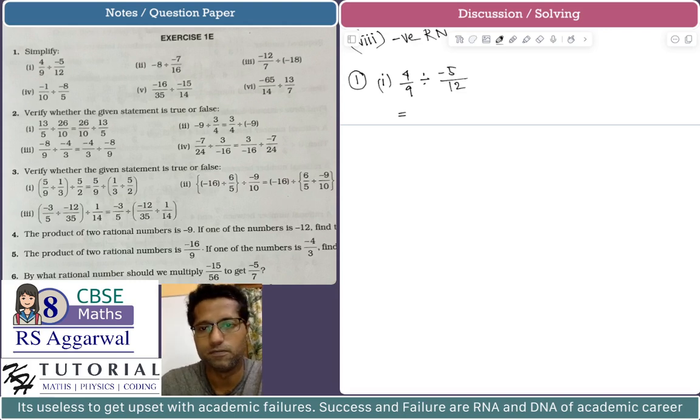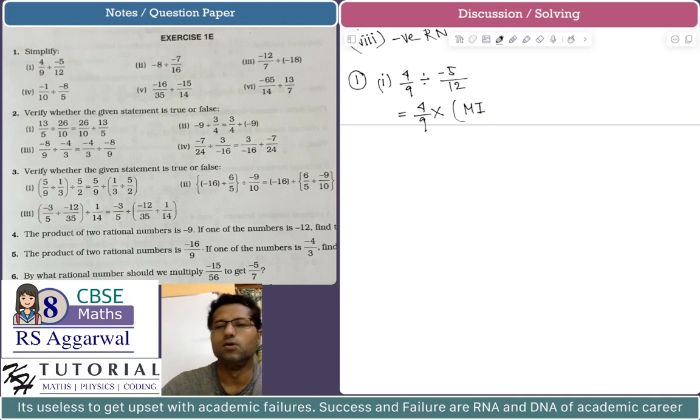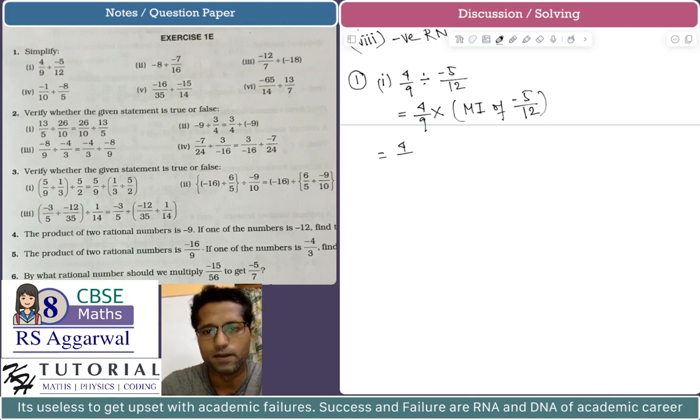So this will be 4 by 9 multiplied by the multiplicative inverse of minus 5 by 12. You just reverse the numerator and the denominator, so this will be 12 by minus 5.